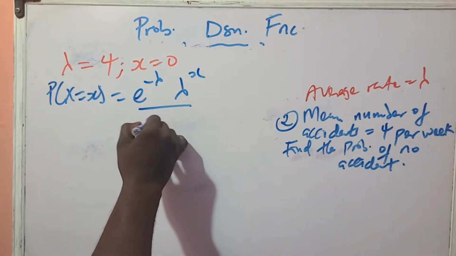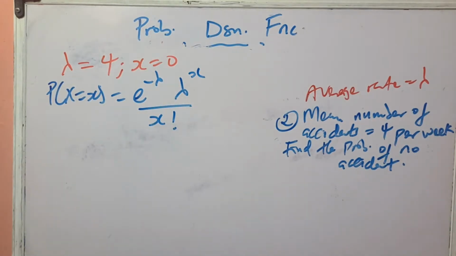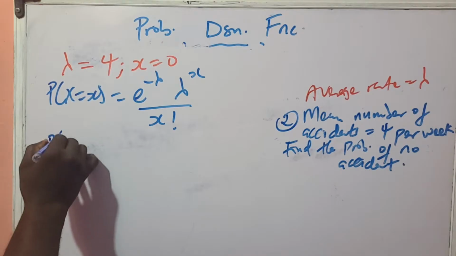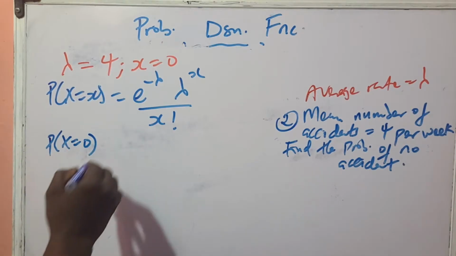All right. This is the probability mass function. As I said, I will try and write this over and over again so that as much as possible you can get conversant with it. Now, fixing this all in, we are solving for probability of x equals 0.